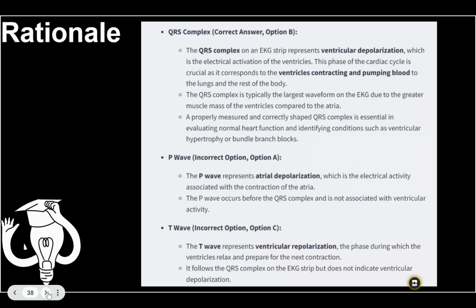The way that I always remember that the QRS complex stands for ventricular depolarization is because on an EKG strip, the QRS complex makes an upside down V. So I always look at that upside down V and I remember V for ventricle, and that's how we remember ventricular depolarization. Now, with the P wave, I want you guys to remember the P wave represents atrial depolarization. This is when the atria of the heart are actually contracting.